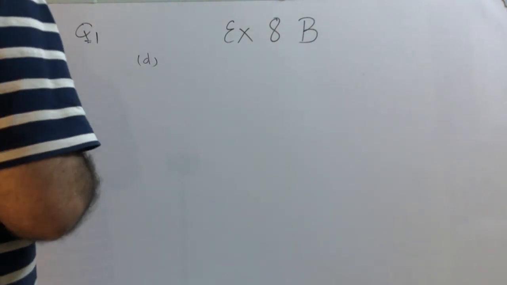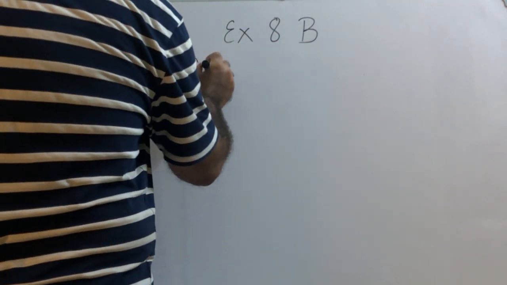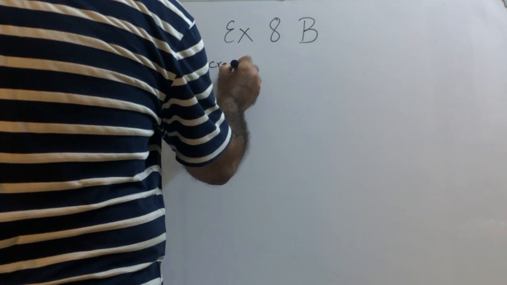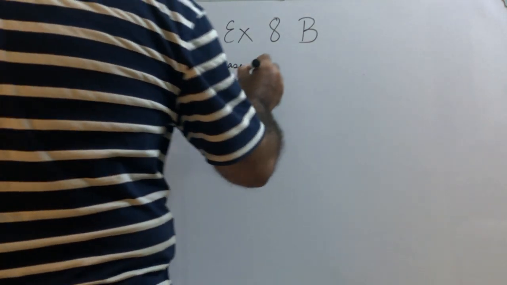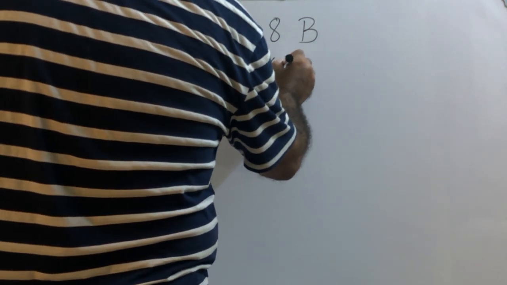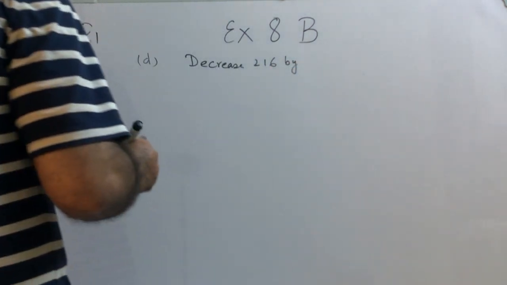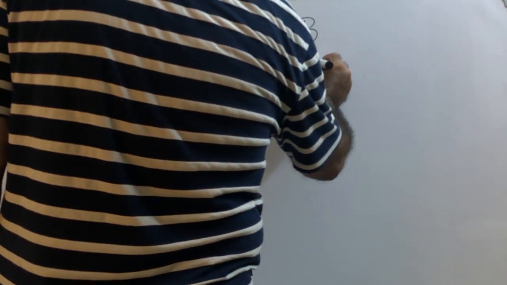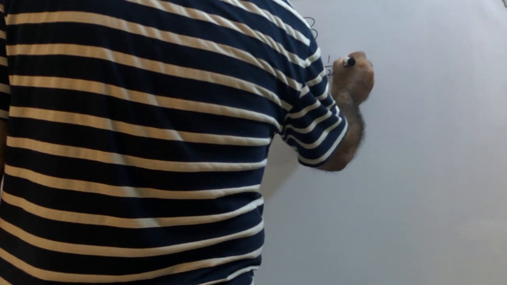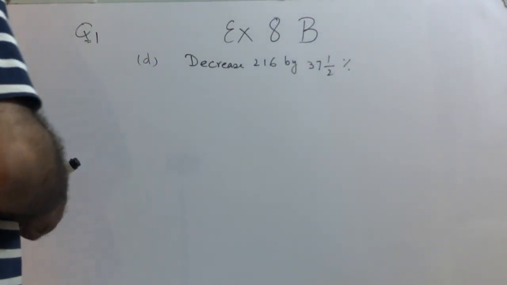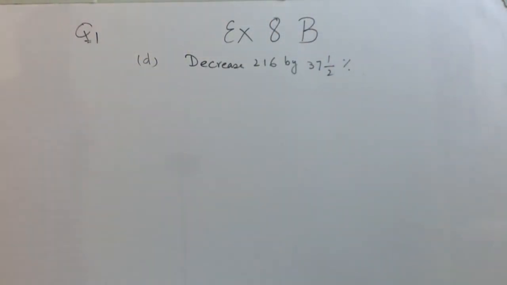Part D says decrease 216 by 37.5%. 37 whole number 1 over 2. This is 37.5%. So first we need to see how much decrease in the number.